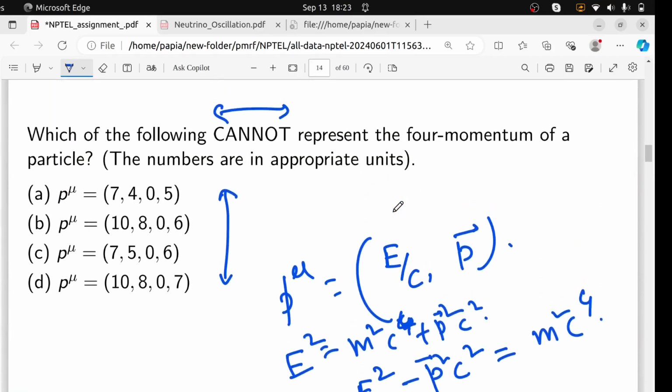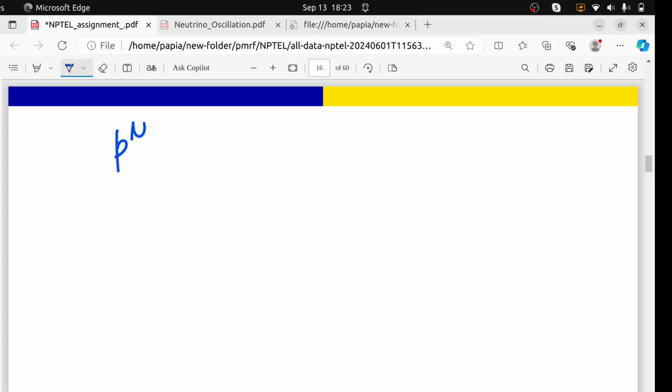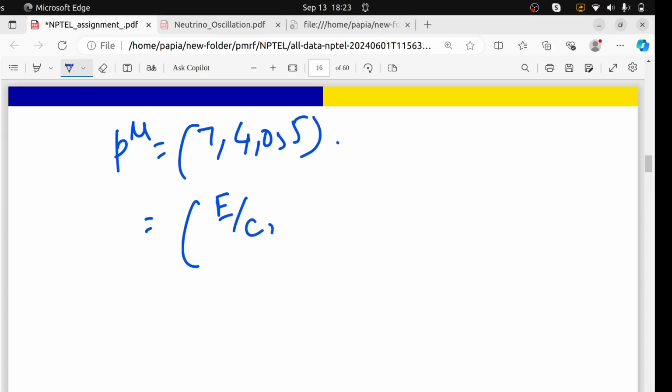Now let me check one by one. First of all, the option 7405. This p mu is in the notation E, px, py, pz. For this unit conversion, let me take c as 1.